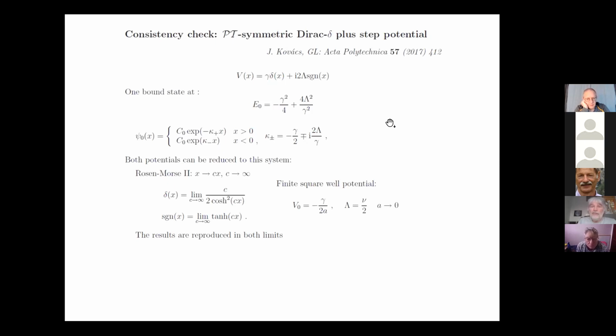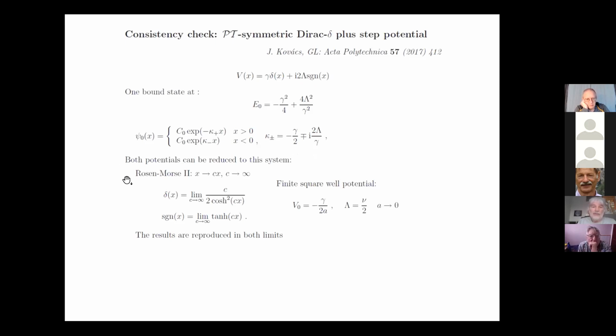We studied another potential known in PT-symmetric quantum mechanics, the real Dirac delta and the imaginary sine function. It is known to have a single bound state and solutions of this kind, where kappa is a complex number. And you can get this potential in both cases.